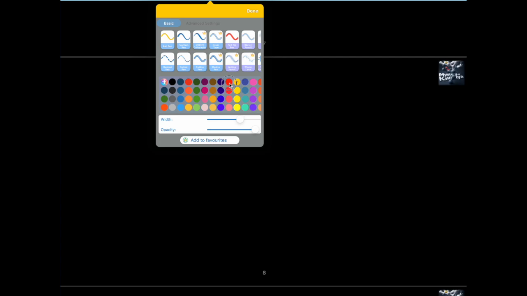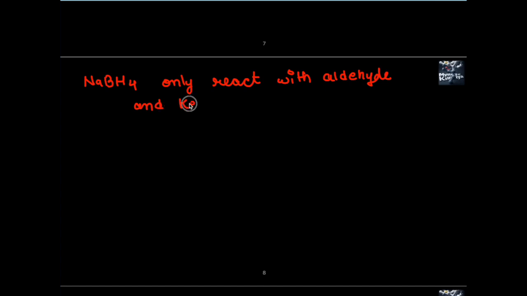It only reacts with aldehydes and ketones, but not with esters or amides. It literally does not give any reaction.